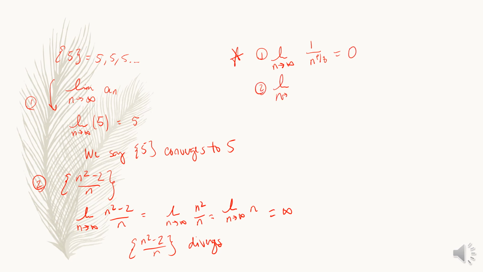If I'm looking at the limit as n approaches infinity, where the power is on the top, that's infinity. The limit as n approaches infinity of a constant is just that constant. So you might have forgotten that, and that's okay. I'm just going to remind you of those now. Just keep in mind, we're looking for, does this sequence converge? Does it diverge? And we're going to use those types of rules.